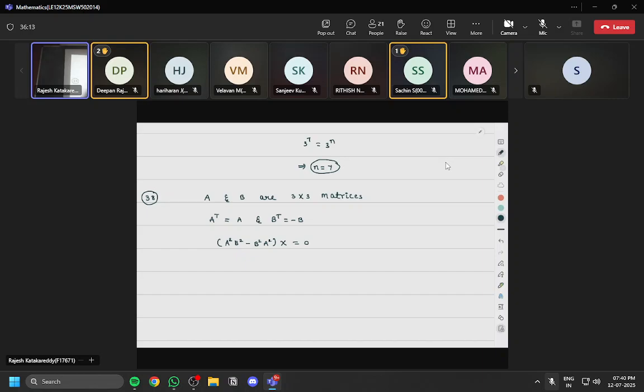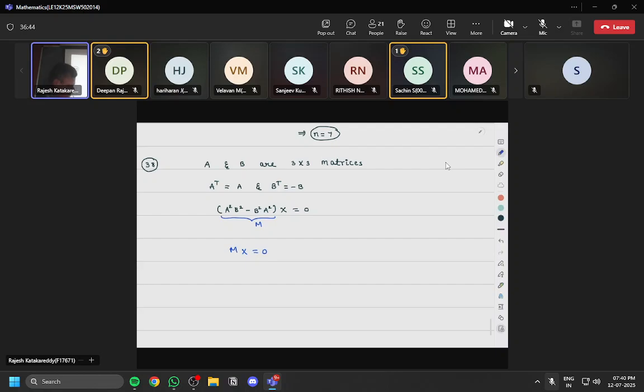It is mentioned in the problem that A and B are third order square matrices. A is symmetric, B is skew symmetric, and they have given a system of equations. What equations are these? Linear homogeneous. Clear? So something like this, we have MX equals to 0.